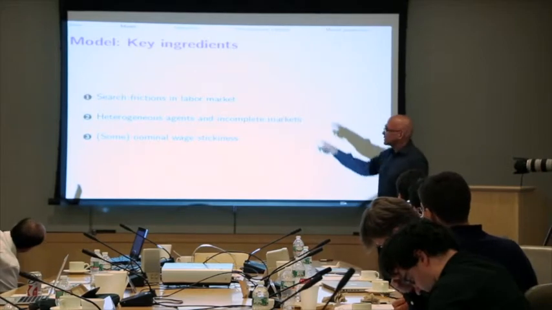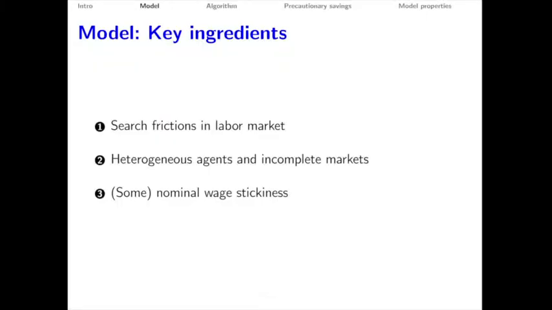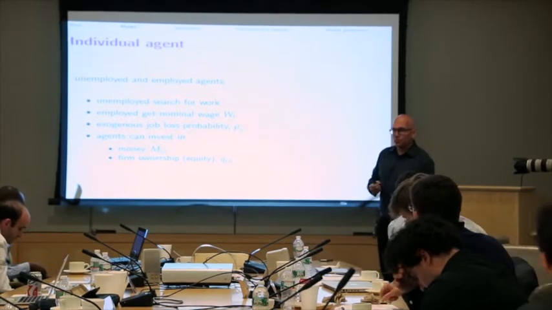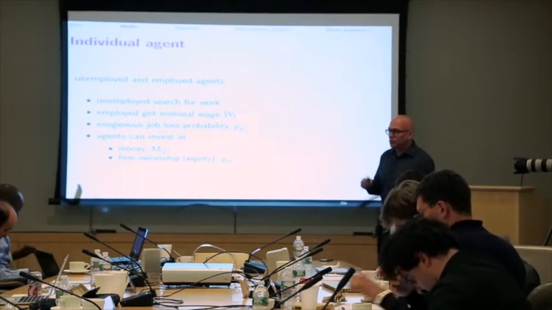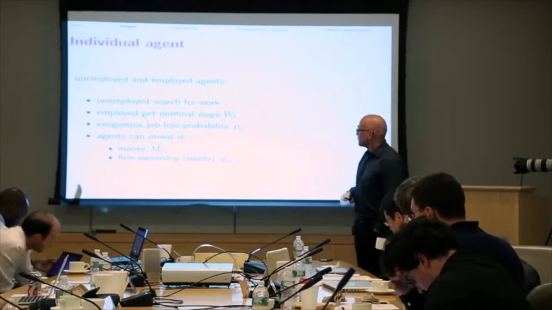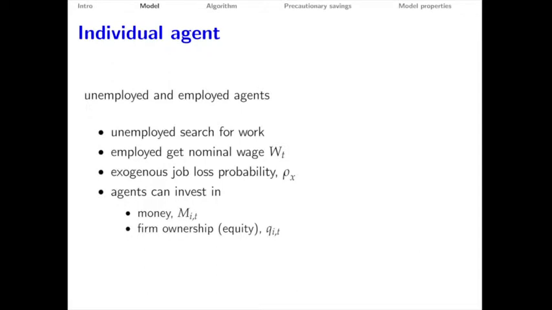Okay, so the model is going to be a standard Mortensen-Pissarides type labor market. We're going to have heterogeneous agents with incomplete markets, and we're going to have nominal wage stickiness. For the individual agent, he has no disutility of leisure, just like in the standard labor market matching model. If you're employed you get nominal wage W_t, and there's an exogenous separation rate.